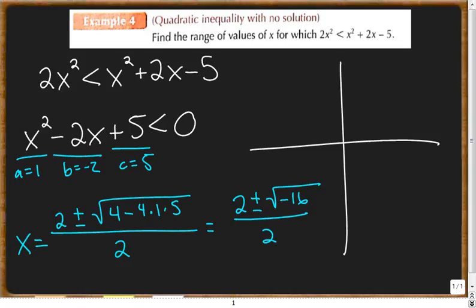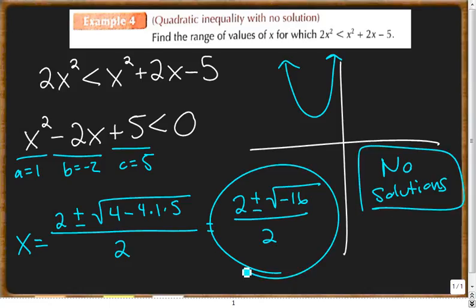And because this is a positive x squared, that means our graph is always going to be positive. It'll never be negative or 0 at any place. So based off of this information, there are no solutions to this. You can do the quadratic formula, and I would suggest doing that just to get the answers if you have them.